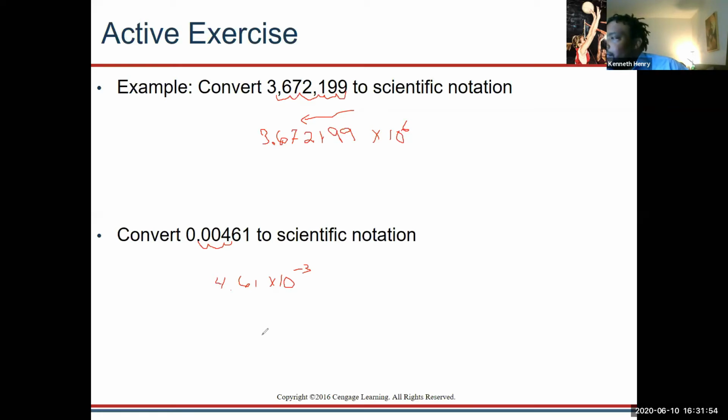Piece of cake? Simple? I have a question. So if you're moving your decimal to the left, it's positive, and if you're moving it to the right, it's always negative? Yep. Okay.